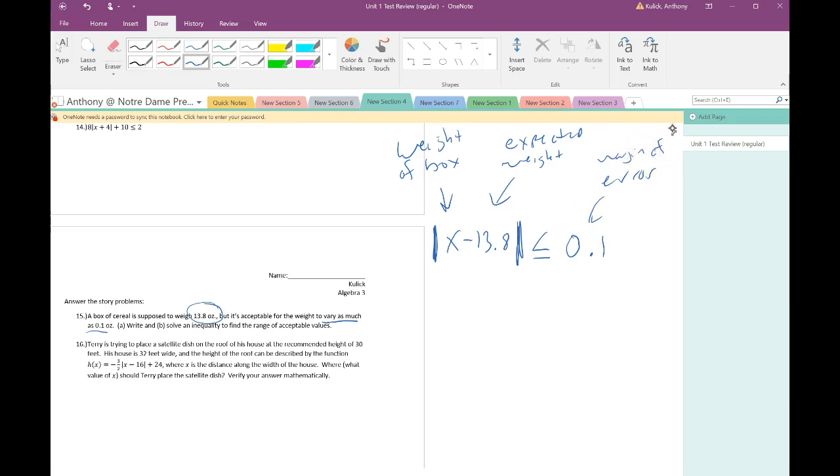So the weight of any box of cereal minus the expected weight needs to be within this margin of error.